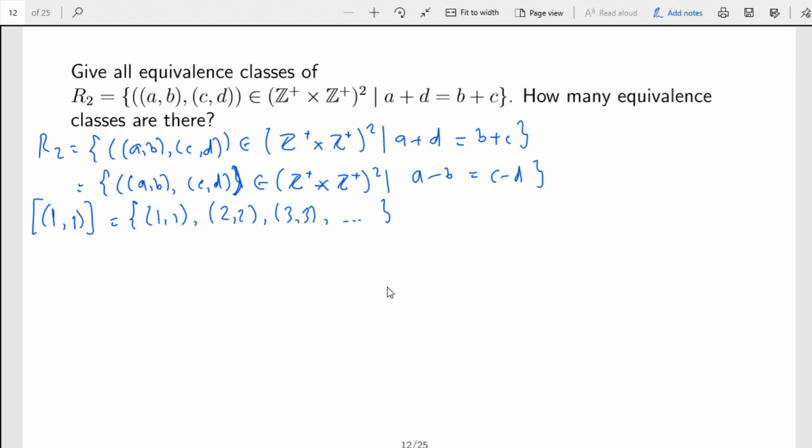Now you also have, for example, the class of (2, 1), which contains (2, 1), (3, 2), and (4, 3), and so on.